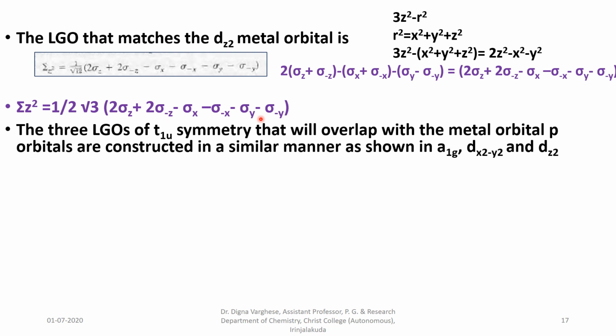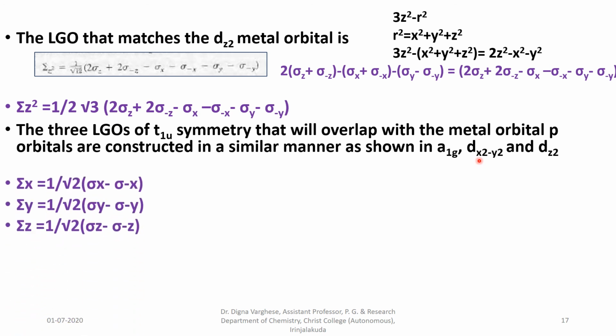Likewise, the 3 LGOs of t1u symmetry that will overlap with the metal p orbitals are constructed in a similar manner as shown for a1g, dx²-y² and dz².